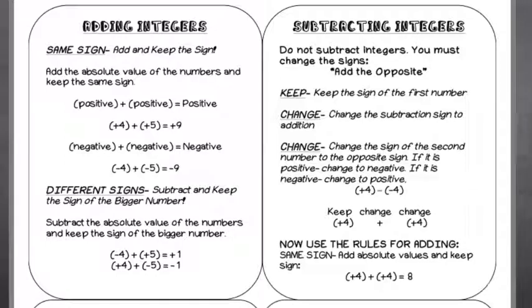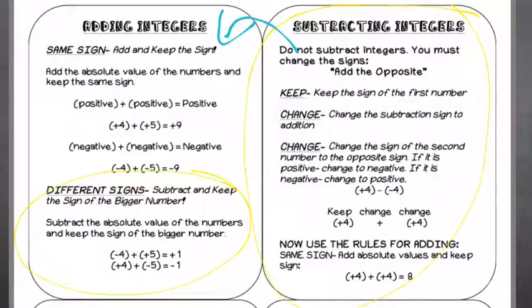If they have different signs, find the difference and keep the sign of the bigger number. When you see a subtraction sign in the middle, keep, change, change. And that'll change it always back into an adding problem. And then you just decide again whether they have the same signs or they don't.